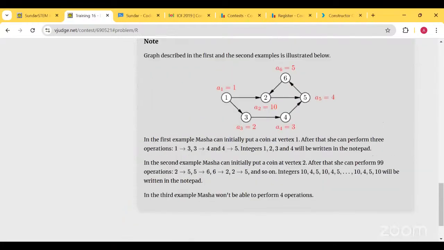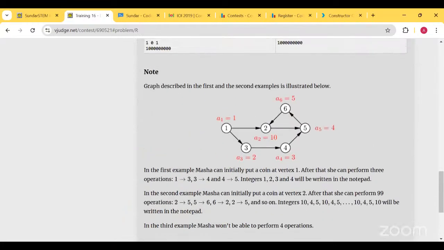So 4 is the smallest. Because if we visit this, then the result is 10. If we visit this, then the result is 5. So we will exclude or avoid them. So we will visit here.